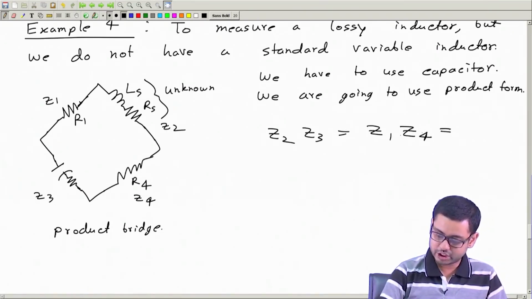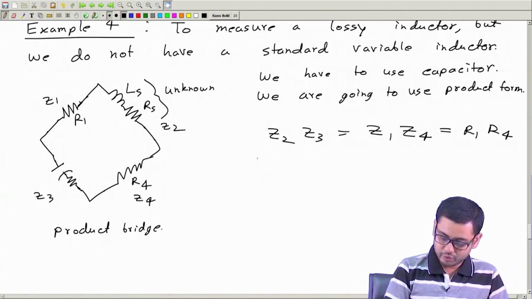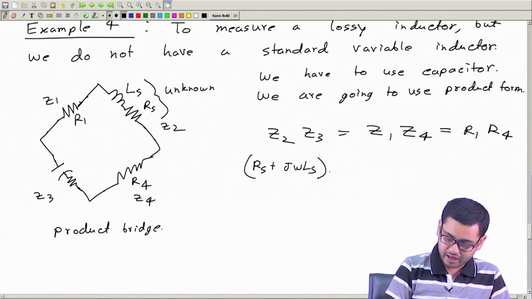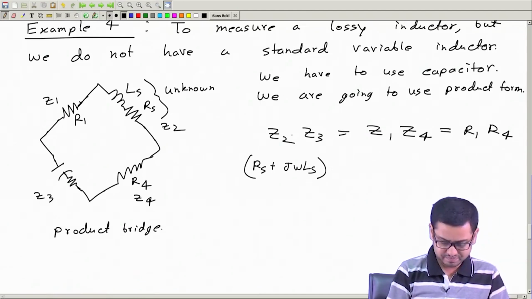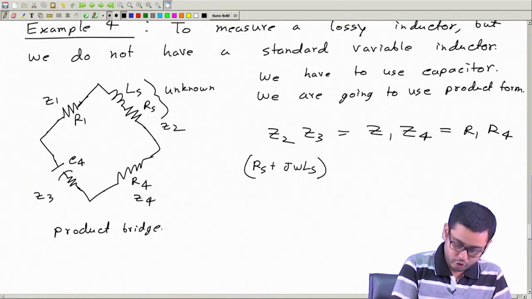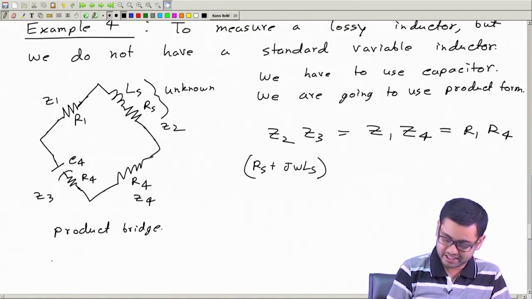Now in this case Z1 is R1 and this is R4. And now we can write Z2 is same as LS RS. So RS plus J omega LS multiplied by Z3. Z3 is this, call this C4 R4 series combination.